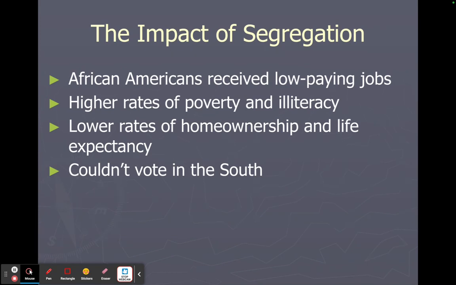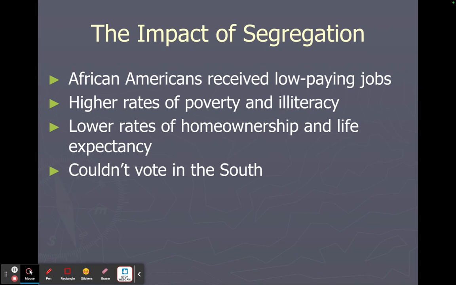They had much lower rates of home ownership and also lower life expectancies, because many of the jobs they did and places they lived were very polluted. That led to a very small life expectancy. A lot of this still happens today. We're still seeing higher rates of asthma in neighborhoods and cities that are predominantly Black and low income.